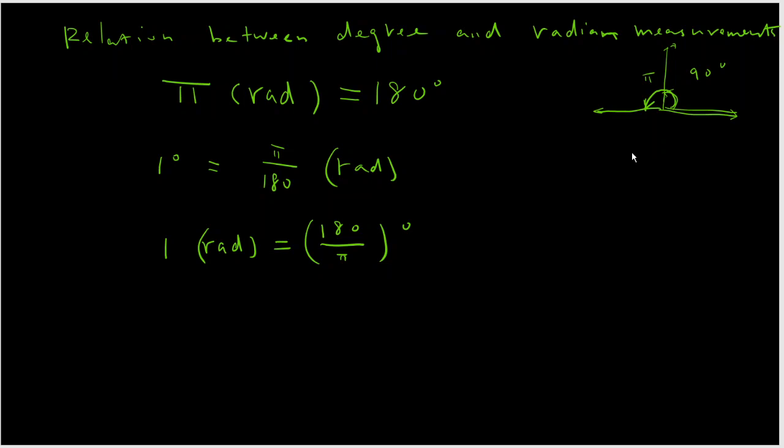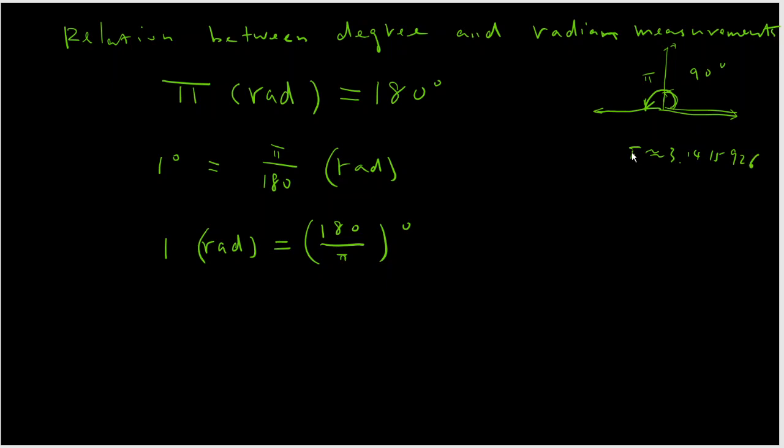You can imagine the approximate value actually. 180 divided by pi. So maybe just use the pi button on your calculator, or you can use an approximate value of pi, 3.14 or something. The approximate value of pi is 3.14. That's as far as I can remember.